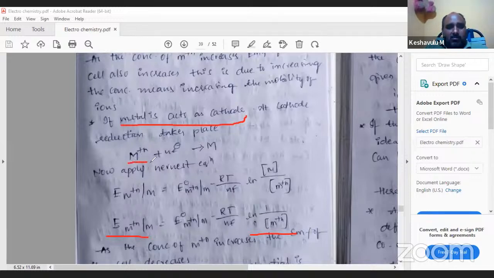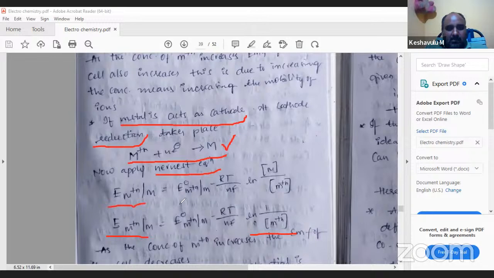The reduction of the metal is M^n+ plus n electrons gives rise to M. This is the reduction reaction. Now apply the Nernst equation to it.